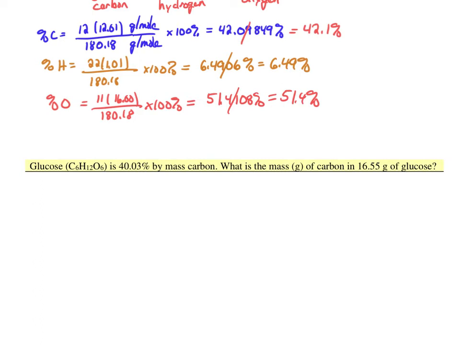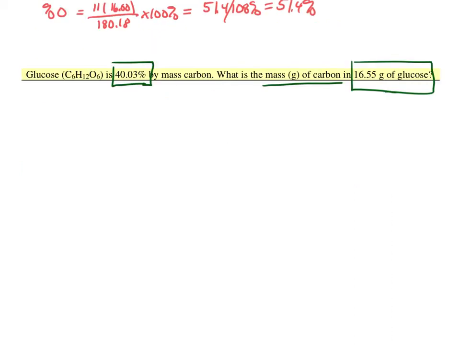In this problem, we're going to use the percent by mass in order to determine how many grams of the part, grams of carbon, there are in the whole of this amount of glucose. 40.03% by mass carbon means that if we had exactly 100 grams of the compound, that means that we have 40.03 grams of the carbon.